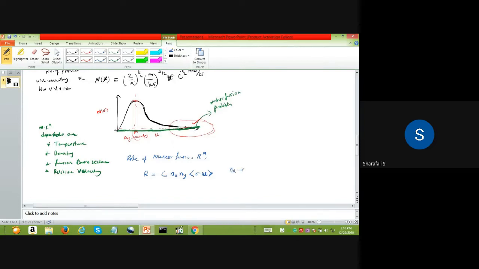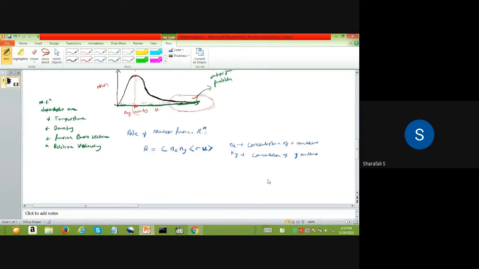Here nx is nothing but the concentration or density of x nuclei, and ny is the concentration of y nuclei. Then you have sigma, which is the cross section, and the cross section we are talking about now is the fusion cross section. Then we have v, the average velocity.